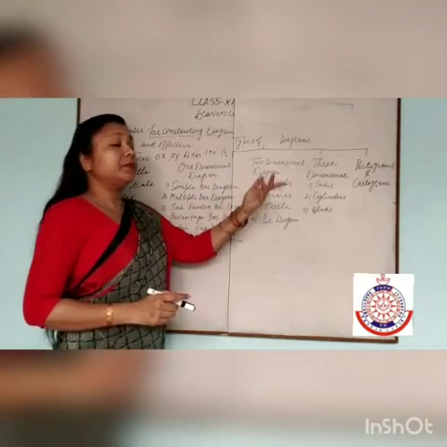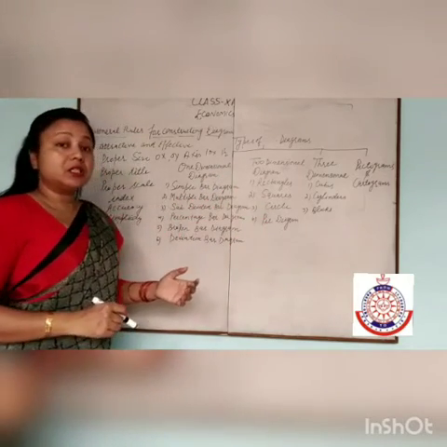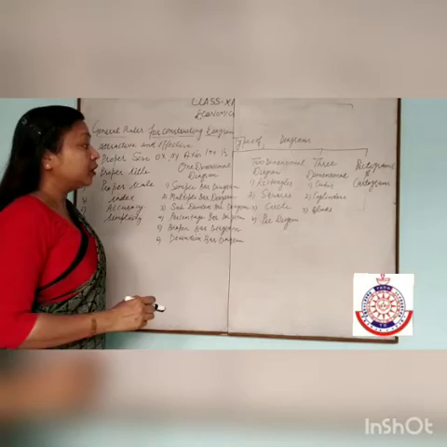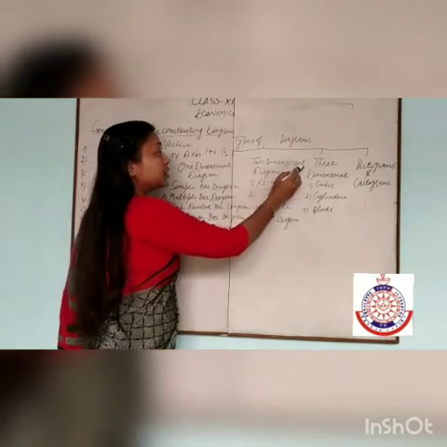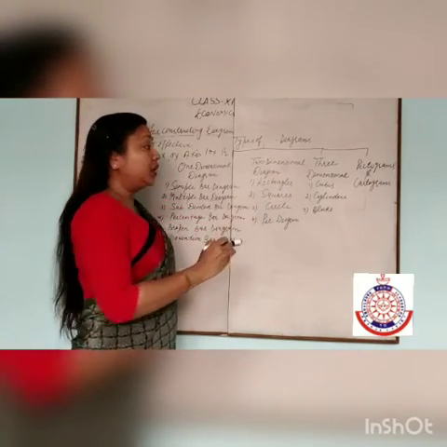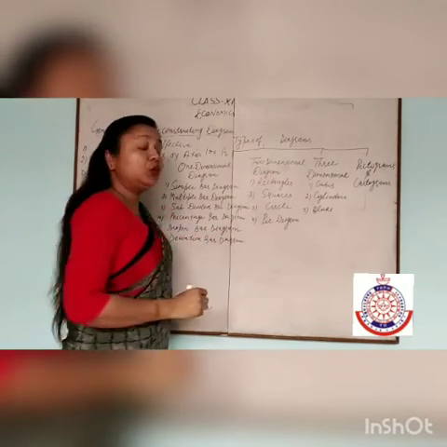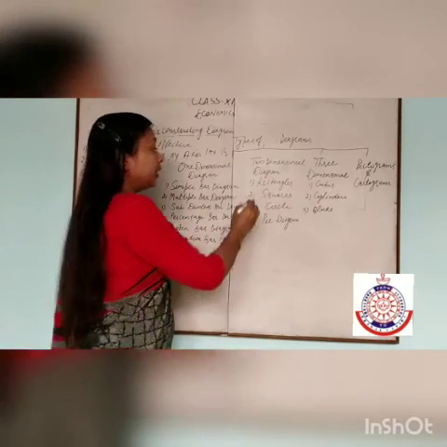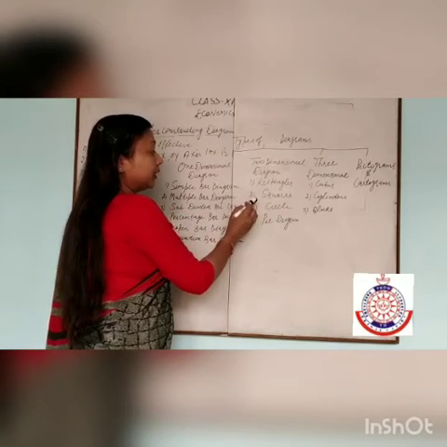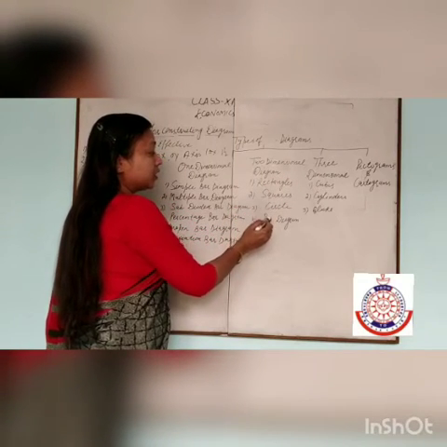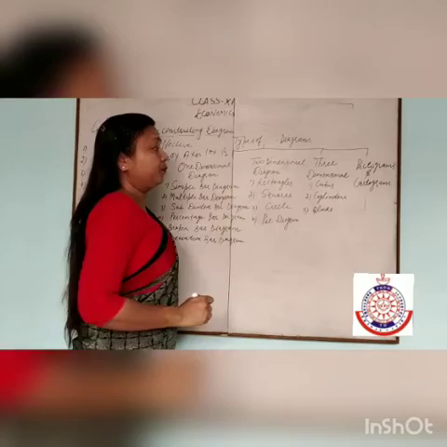In one-dimensional diagram, we consider only length or width. But in two-dimensional diagram, we consider length and width both, so we take the area. Here we take rectangle, square, circle and pie diagram.